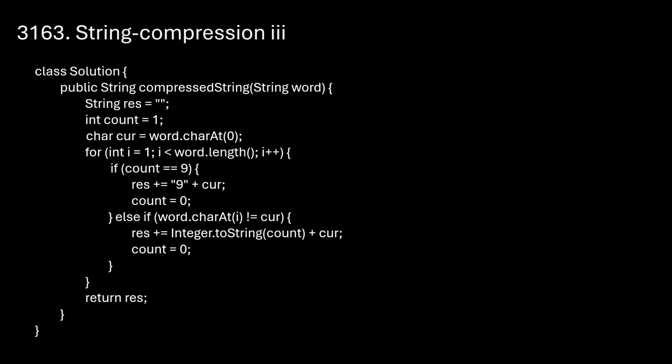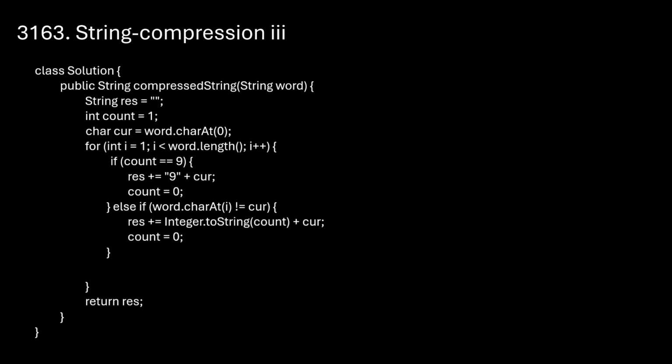So if it was A, B, C, D, E, and we already had a count for A, it would append the 1, since the count would have been initialized with 1. It would say 1A, append that to the result string, and then reset the count so we can start counting the new letter.